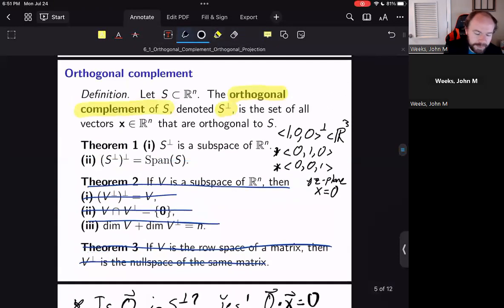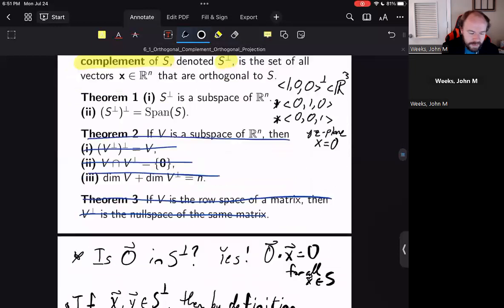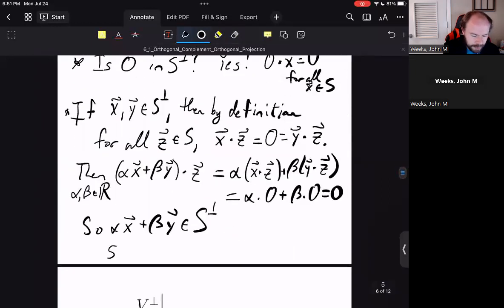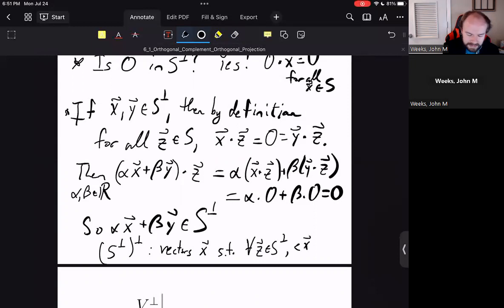Indeed, if I took the perp of S perp, what I would have is a subspace of all of the things that, whenever I take their inner product with S perp, I get 0. That starts looking like we're reversing the process again. It starts looking a little bit like the span of S. Remember that the perp of S perp, by definition, is the set of all vectors x such that for all z inside of S perp, x dot z is equal to 0.